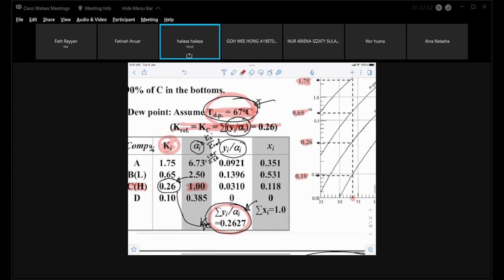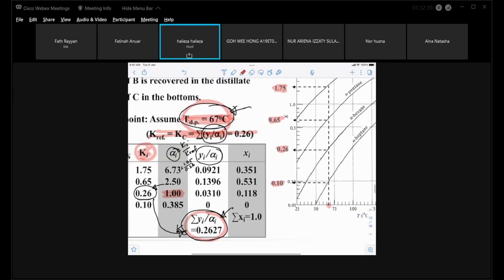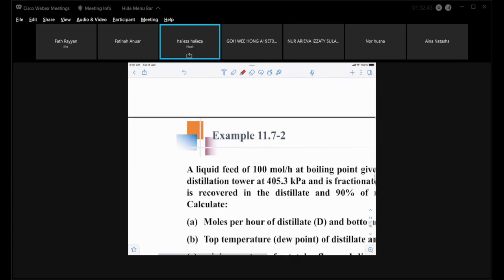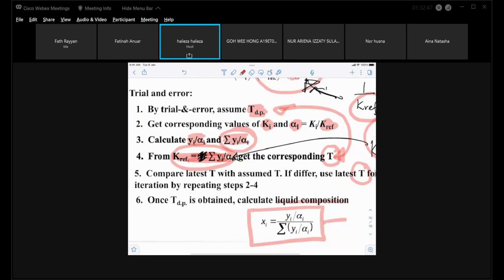Okay, now for the corresponding X composition that is in equilibrium with the bottom product, you use the equation from number 6 here. Let me go back to the steps. There, use this equation.